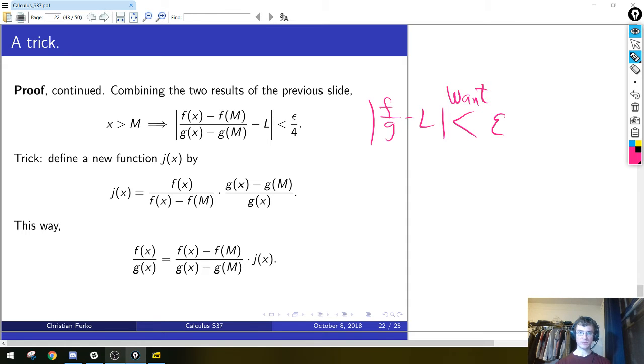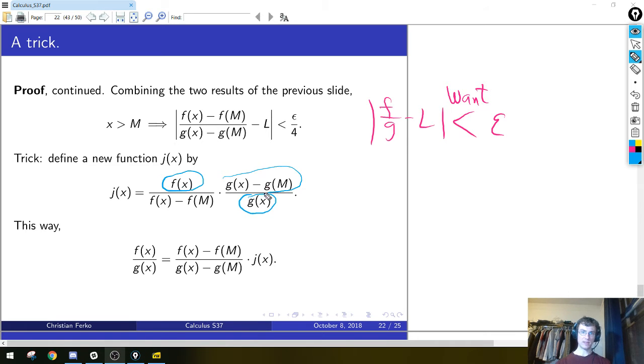Well, here's the trick. You say, fine, I'll define a new function j, and let's just look at the pieces. If you look at the top of this guy and the bottom of the right factor in this multiplication, this is the f over g we're interested in. So j has the f over g we're trying to get.